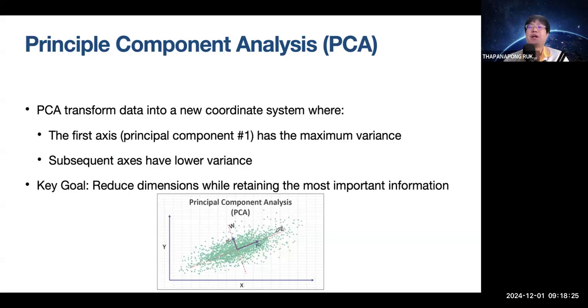PCA is transforming the data into a new coordinate system. And when you transform the data into a new space, you need to have some constraint or some objective that you want to achieve. The way that PCA does it is it generates the new coordinate system, basically the new axes of your data.